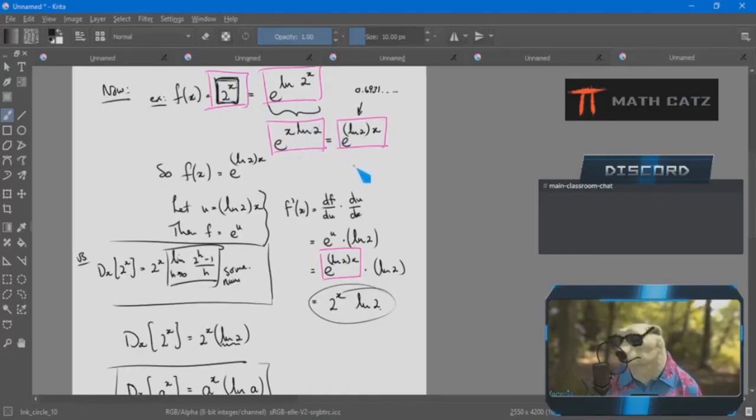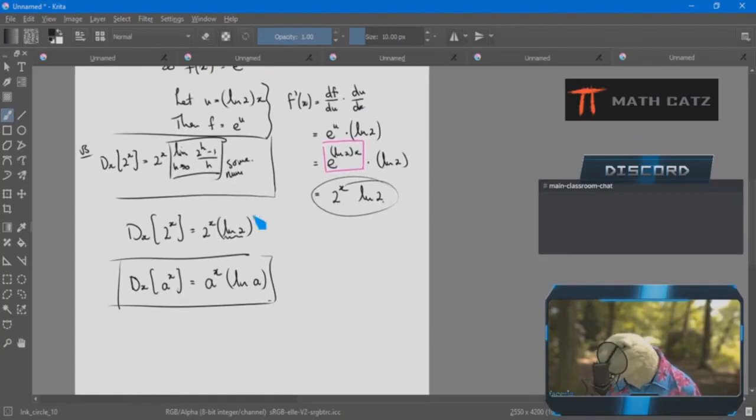But for the sake of efficiency, it's a little bit unnecessary, because the end result is a very small adjustment of the exponential function that I had originally. Now compare this to the derivative of e to the x.